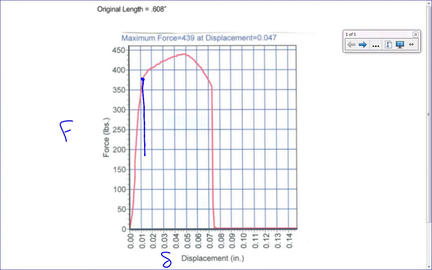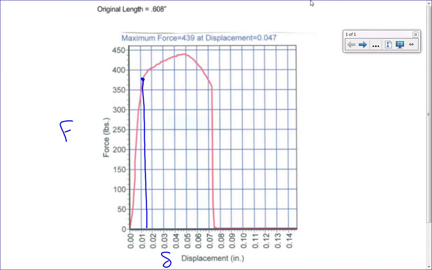And then I'd like you to draw a line straight down. So that's what we call our elastic limit. I'm going to go jot some stuff over here on the right. That's our elastic limit. And then we're going to shade this in. This is our elastic region.